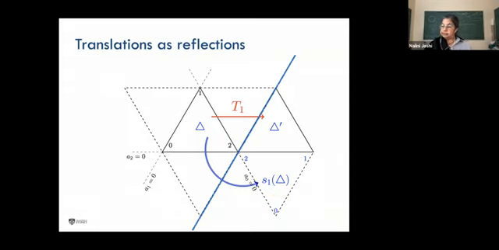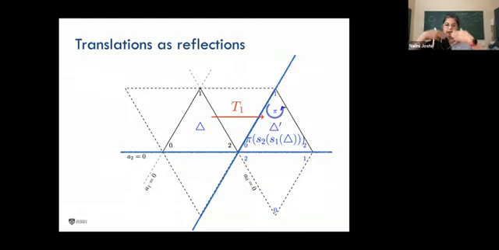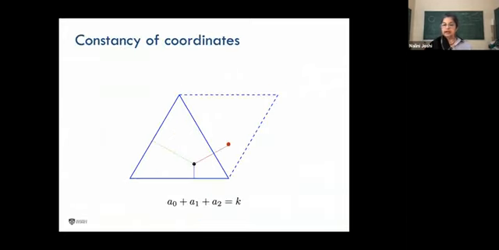Then I have a reflection across the horizontal edge. That gives me S2 composed with S1. But then in order to get a copy of the original triangle again, I have to relabel the nodes. And to relabel them, I needed that pi. And so finally, I get the result of applying the translation T1 from delta to delta prime. And so that allows me to write T1 in terms of those operations.